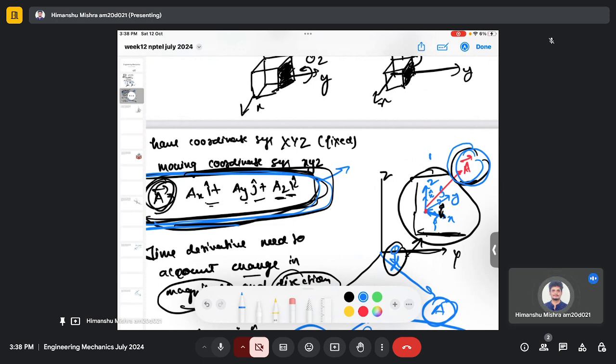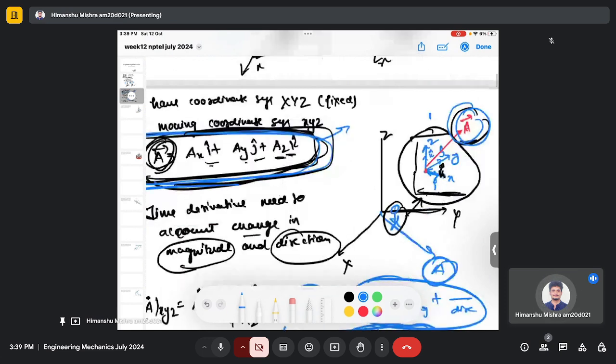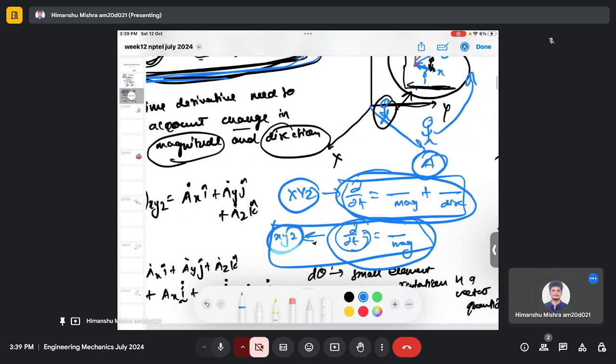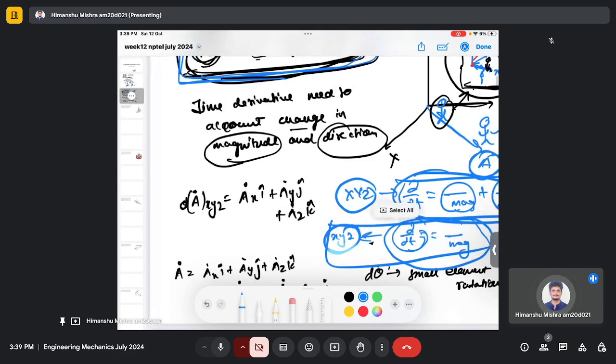because the vector A is itself in the moving frame. But if you are in the fixed frame, then you can see the direction of A and magnitude of A both are changing. So in the fixed frame, the rate of change with time is from the magnitude change as well as from the direction change. This is what I have written here.